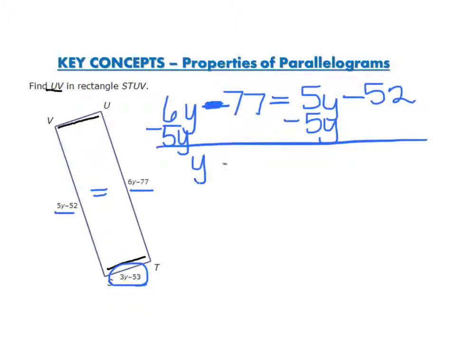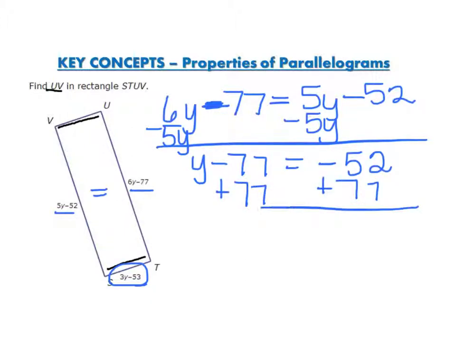I have y minus 77 equals negative 52. I add 77 to both sides. This gives me y equals 25. So I know now that y equals 25.